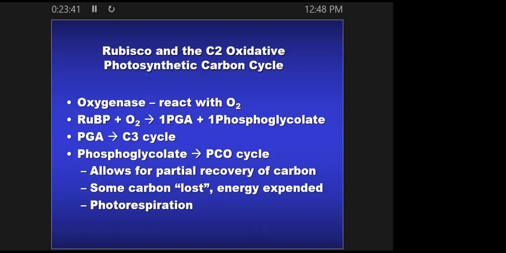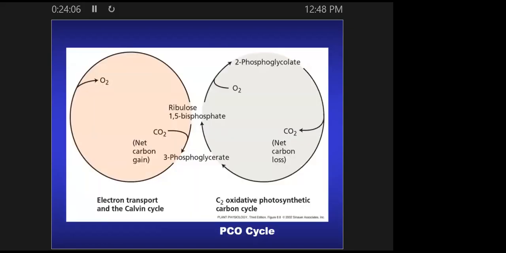What they see is that this plant doesn't do as well as a plant that barely runs the PCO cycle. Their biomass is less, they're more susceptible to issues. So in general, it's not a good idea for a plant to run the PCO cycle, especially on a regular basis. If it happens every now and then, yeah, but on a regular basis, no. The PCO cycle is not really what a plant should be doing on a regular basis.